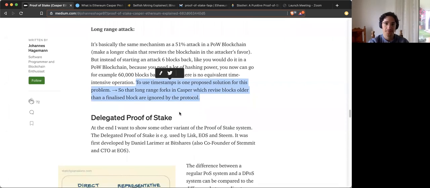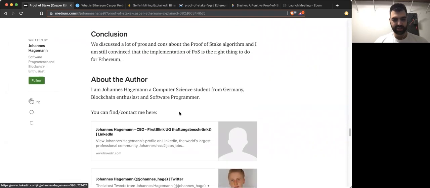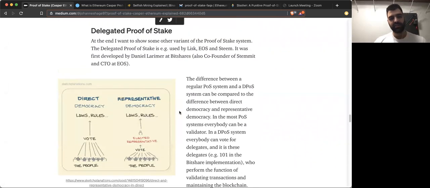Okay, and then this is the final section before the conclusion, but basically, besides proof of stake, there's something called delegated proof of stake. And that's implemented by, for example, Lisk, EOS, and Steem. It was developed by this guy, Daniel Larimer, who was at BitShares and, I guess, at EOS.